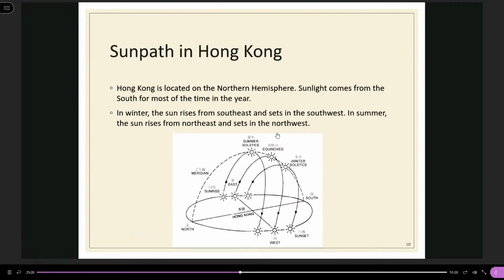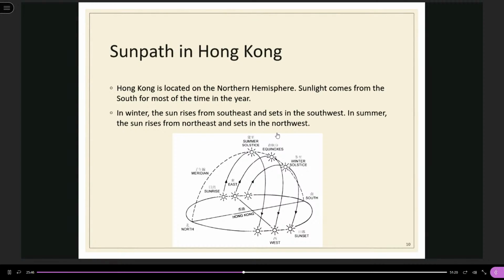Okay, sun path in Hong Kong. I think you should be quite familiar with this picture. Hong Kong is located in the northern hemisphere, so sunlight comes from the south for most of the time. If you remember the sun path diagram that we have learned, almost the whole year we have sunlight coming from the south.